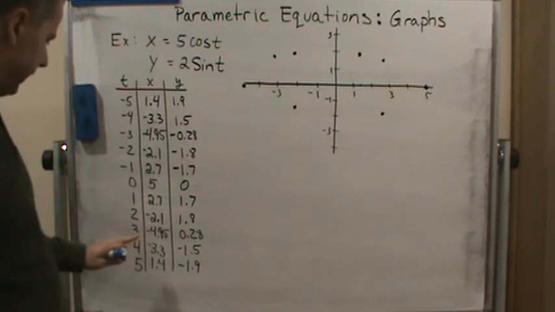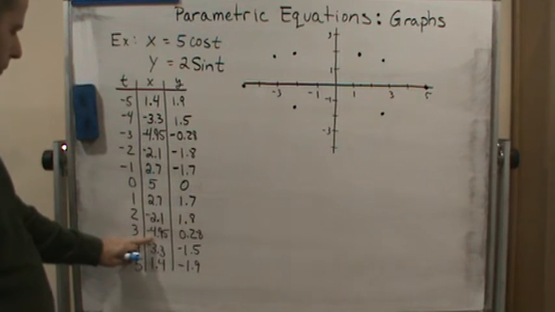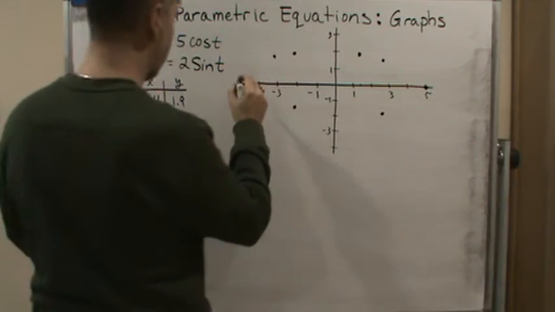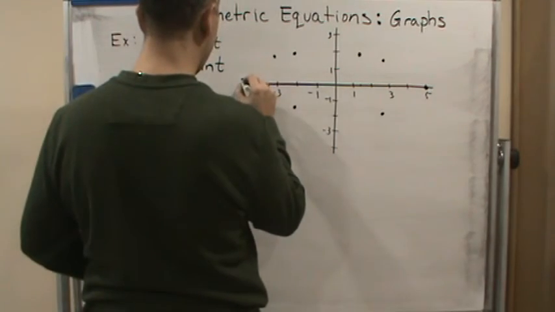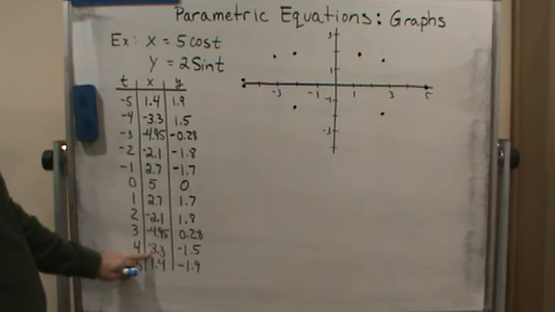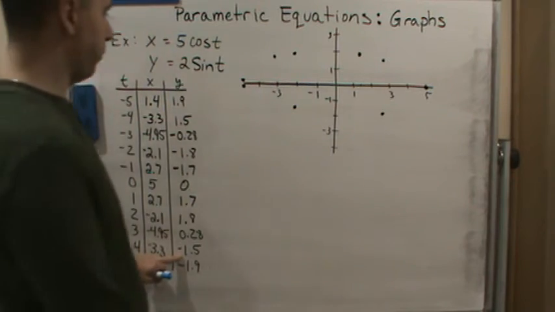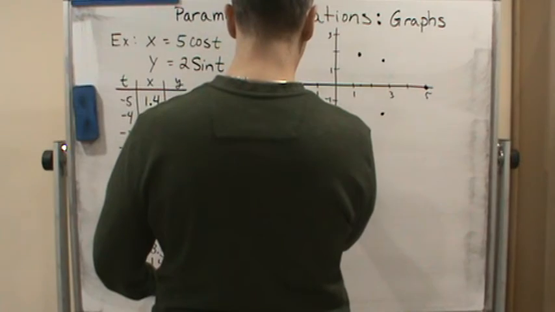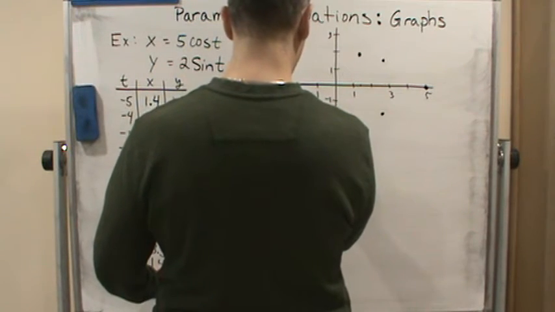And if we keep plotting, the next point is -4.95 and +2.8. So now we're right above here. And this one is at -3.3 and -1.5. So now we're here.